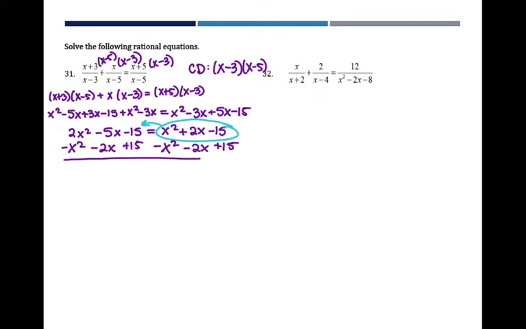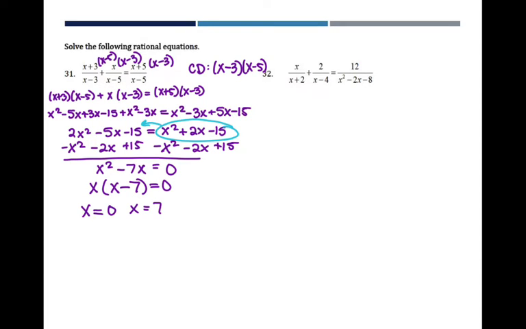And let's see what we're left over with. 0 over here. My 15s are going to cancel. That works out nicely. 2x squared minus x squared is x squared minus 7x. And then to factor that further, I have an x in common, so I can take out the x. So that becomes x times x minus 7 equals 0. So that means my two possible values for x are x equals 0 and x equals positive 7.